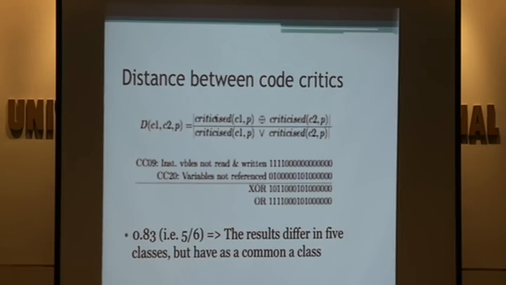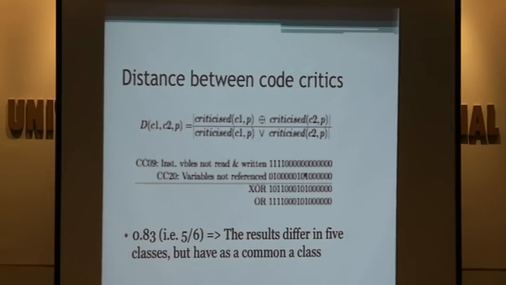This is the function that we have taken from the table. We apply this, and we see a binary representation where it says instance variable not read and written. This means that the first 4 classes have that problem, and for variables not referenced, the first one and another one here.